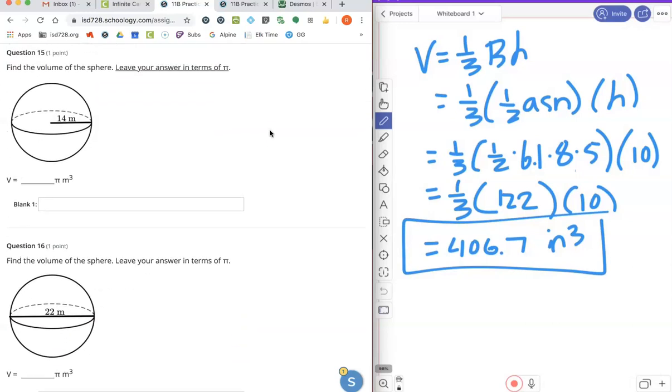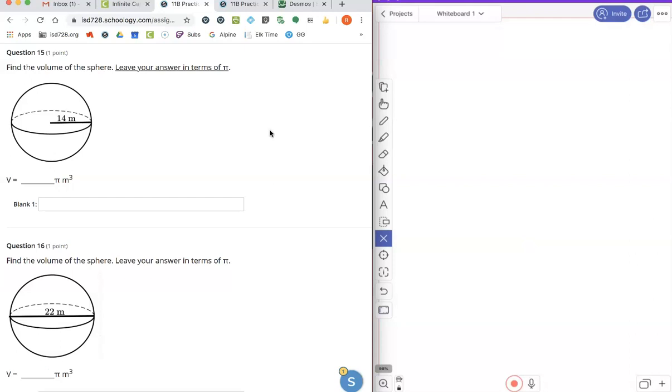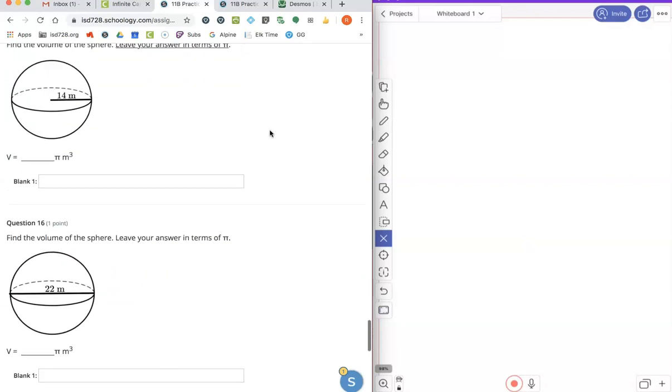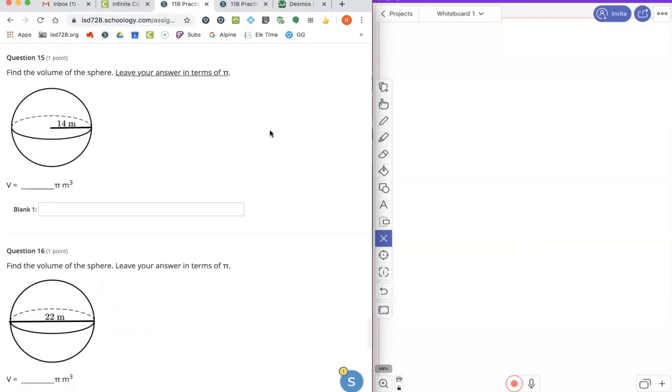All right, sphere problems. If they're just asking you to find the volume, it's a very fast problem. If they're asking you to do some other stuff with it, like the last couple that we have here, then it's a little bit trickier. So the volume of the sphere formula is 4/3 pi r cubed. That's kind of a weird formula.